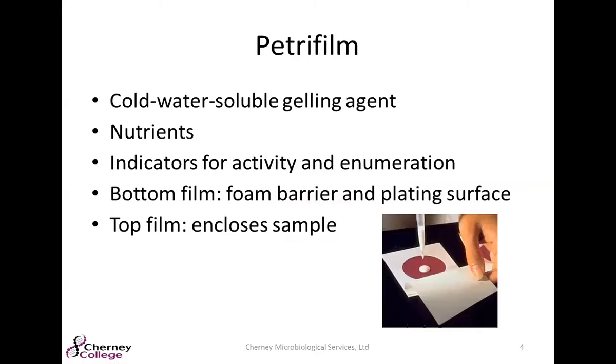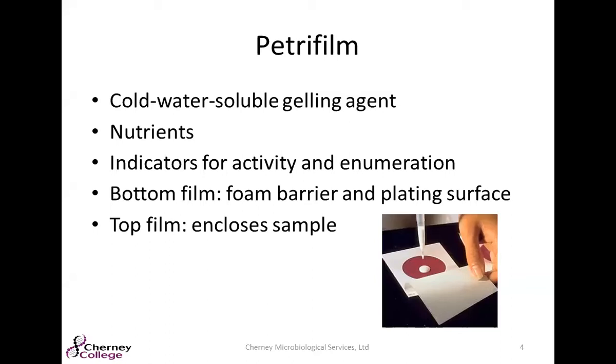So as we start with Petrifilm, I just wanted to go over the basics here. Petrifilm is composed of a top film and a bottom film. That top film is just going to enclose your sample, and the bottom film is composed of a foam barrier and a plating surface. What that foam barrier is doing is just to make sure that your sample stays within the plating surface.